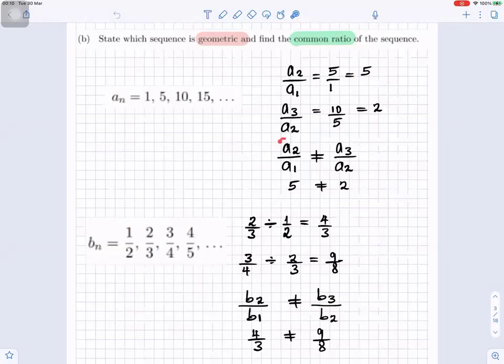So we conclude A2 divided by A1 is not equal to A3 divided by A2. For BN, second term divided by the first term gives you 4 over 3, and the third term divided by the second term gives you 9 over 8. 4 over 3 is not the same as 9 over 8. So B2 over B1 is not equal to B3 over B2.